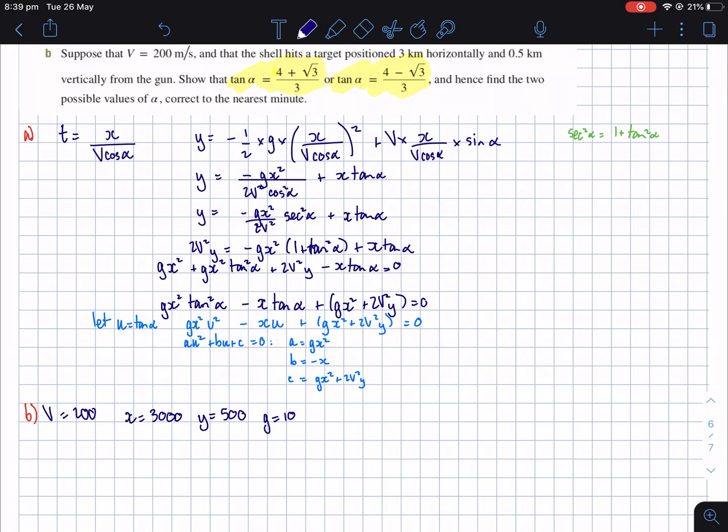So tan alpha equals minus b, so minus negative 3,000, plus or minus the square root of b squared, so negative 3,000 squared, take 4 times a, which is gx squared, 10 times 3,000 squared, times c, 10 times 3,000 squared plus 2 times v squared, 200 squared, times y, which was 500, all over 2a.